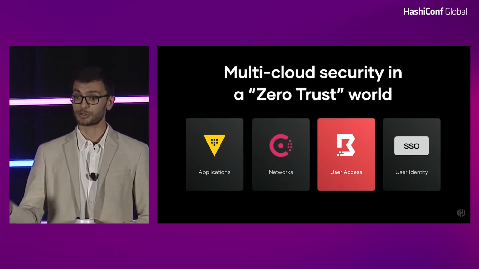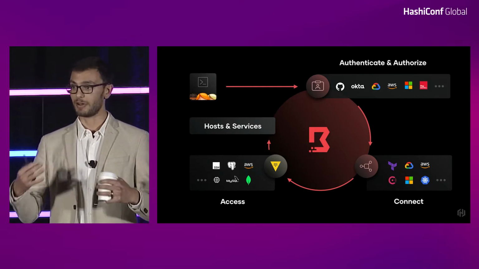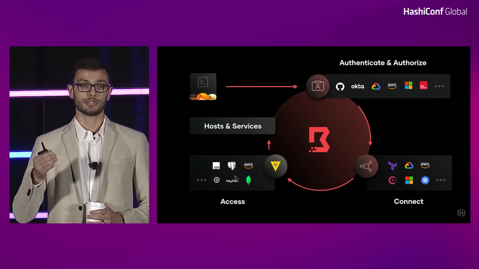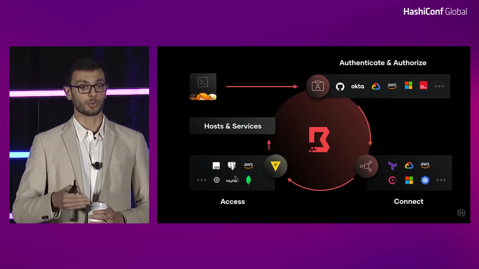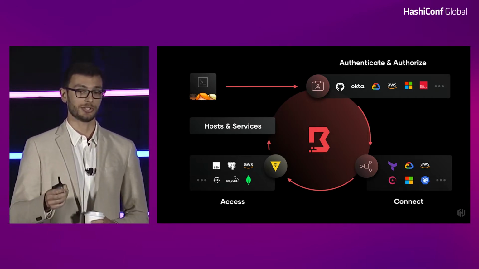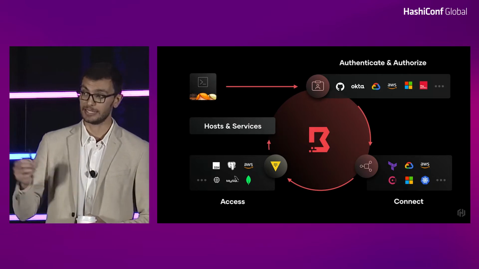With Boundary, what we've really been building over the course of the last 2 years since Boundary 0.1 is this common workflow for consistent access across the providers that you might use, in which case a human user, that can be a technical user, your DevOps engineer, developer, database analyst, what have you, can authenticate to their infrastructure with their common identity provider, and have very granular authorizations that govern specifically what systems they can access and what actions they can take against those systems.